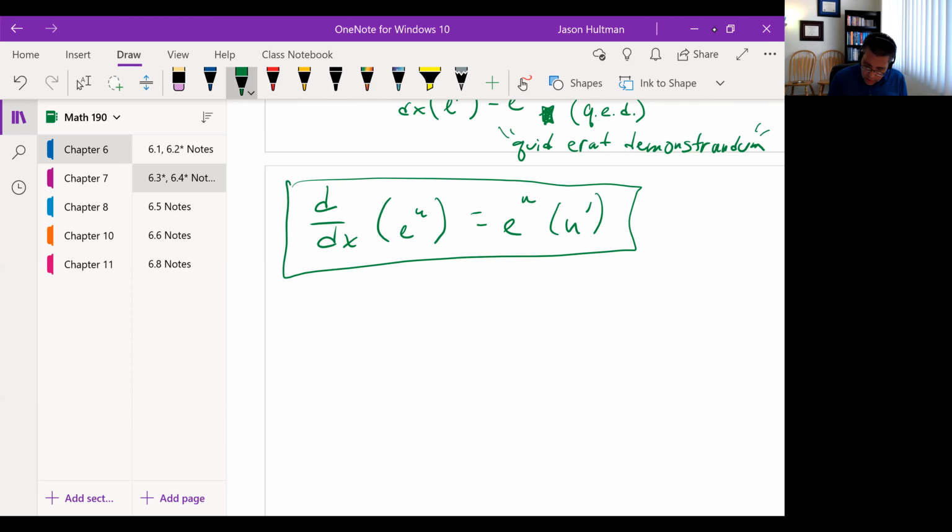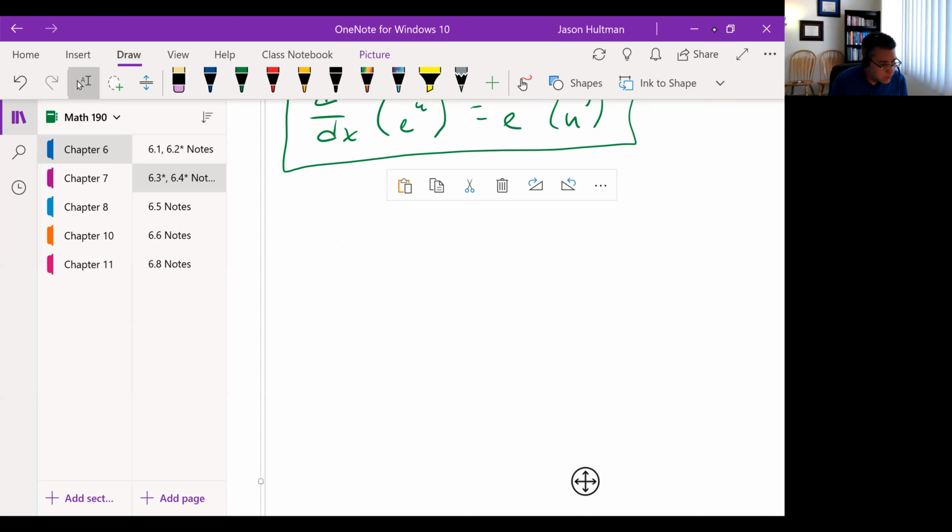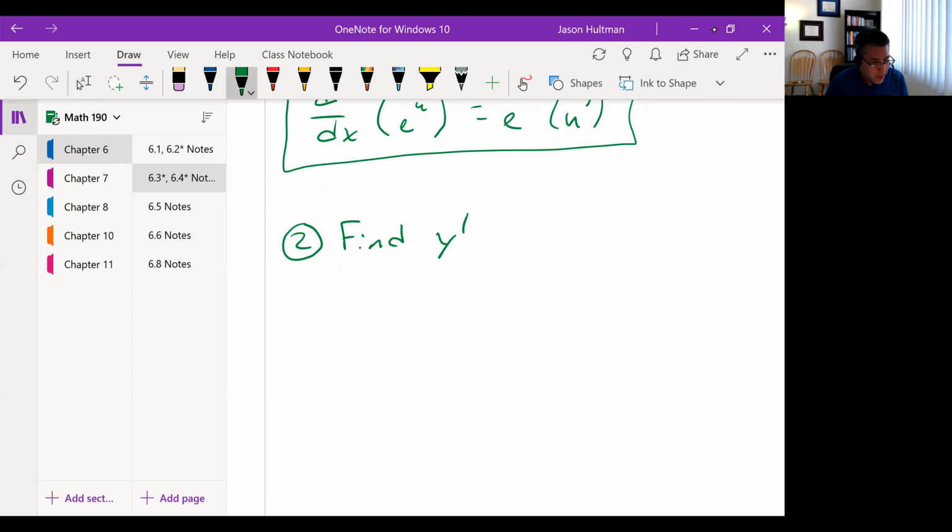Okay, let's utilize this to do a problem, shall we? Number 2: find y prime if y is equal to e to the negative 4x sine 5x.